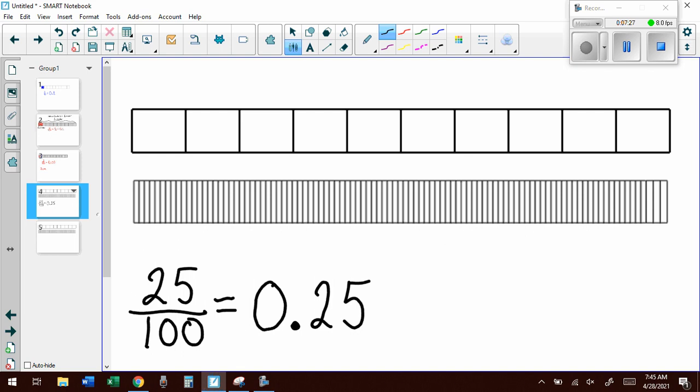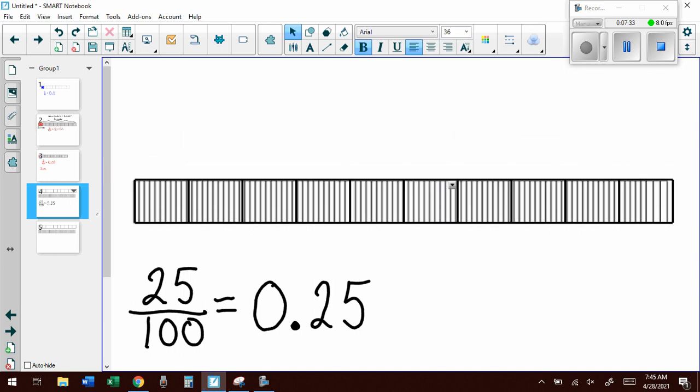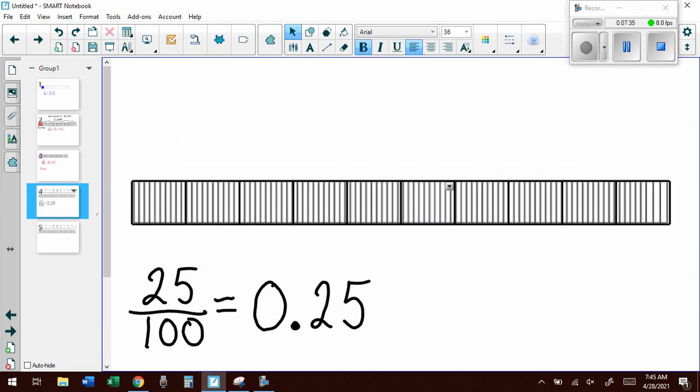And to show that as a visual, we can take our tens down.